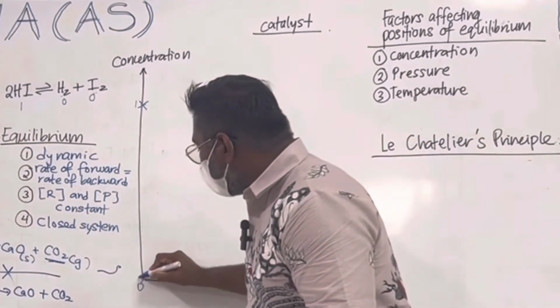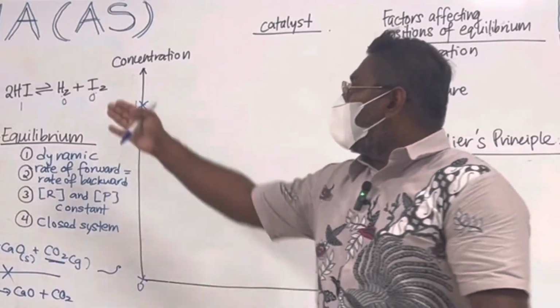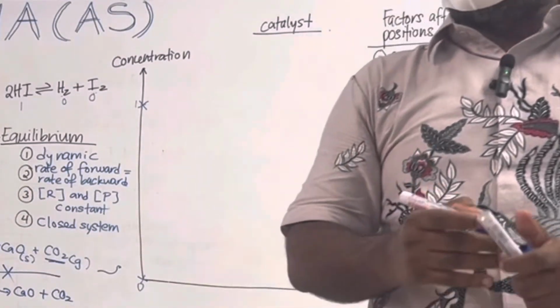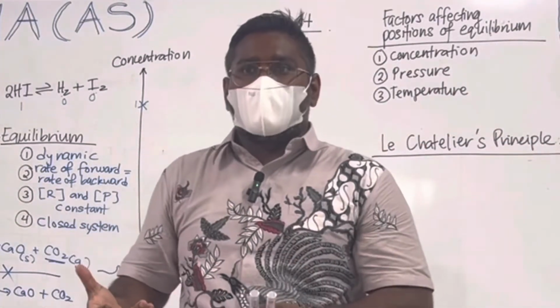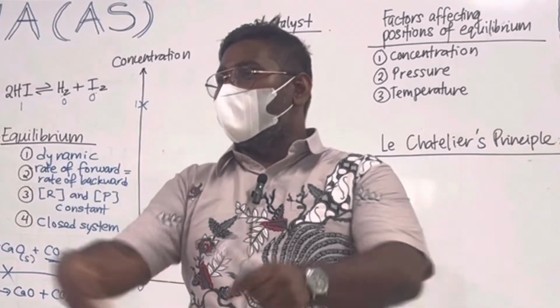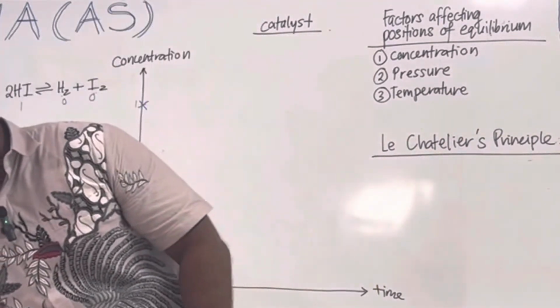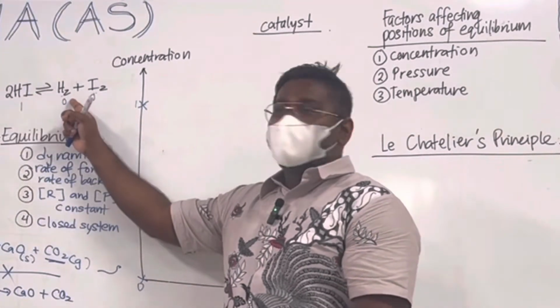Let's say this is H2, which starts from 0. Now, I let it react for some time. It's a closed system. They are going to react so that they reach equilibrium. It takes time. You cannot just put them in and suddenly they reach equilibrium. Now, during that time, what happens? This is the reactant. This is the product.